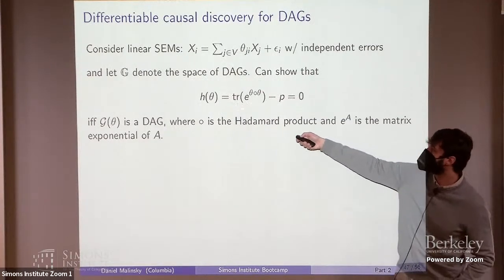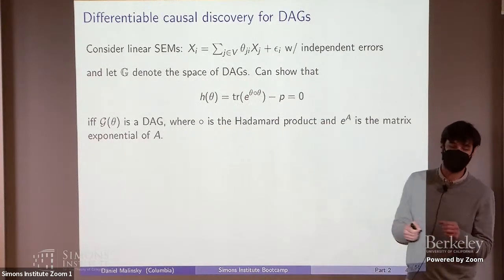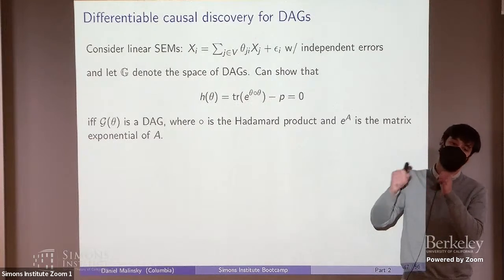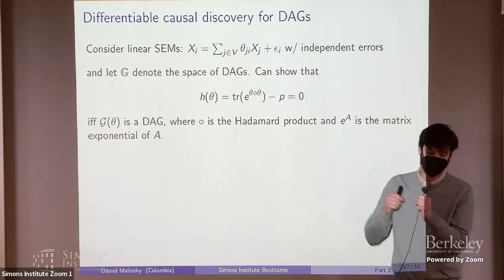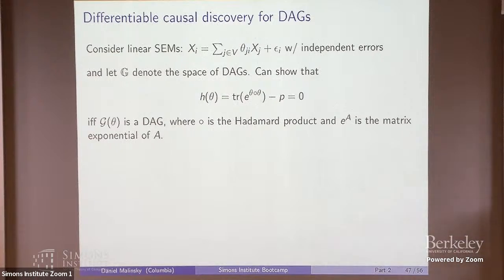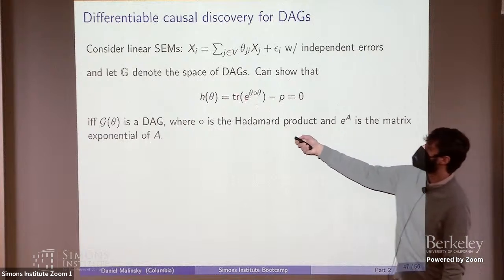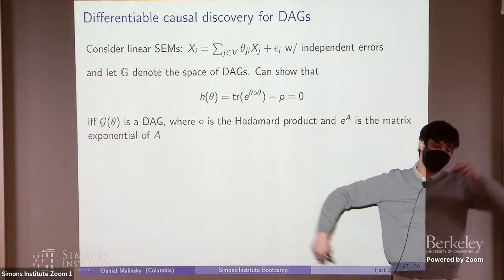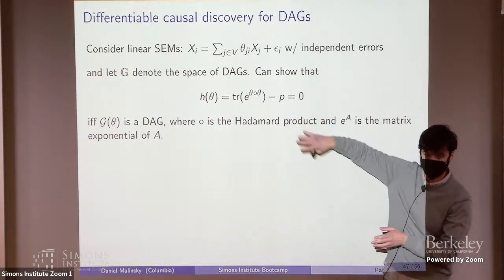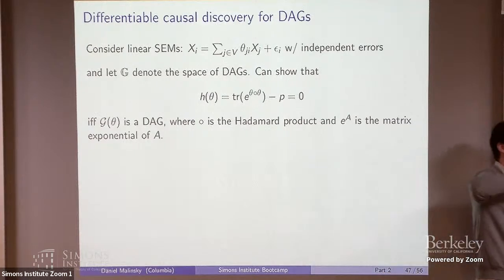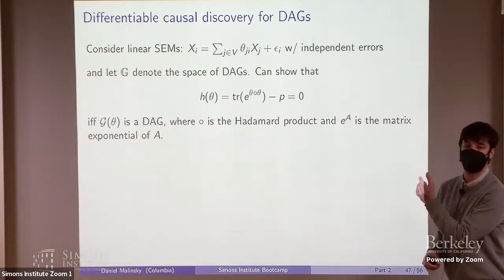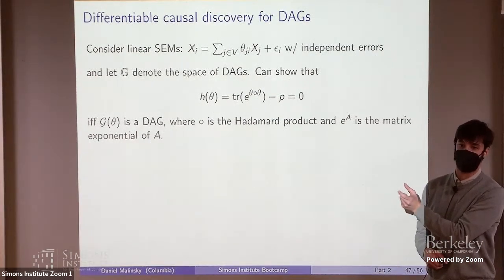This looks like the trace of the matrix exponential of theta times theta, where the dot is the Hadamard product, the element-wise product of the two matrices. So that's a function which takes the theta matrix, multiplies it by another theta matrix, takes the exponential and takes the trace, and then subtracts off the number of variables p. And that quantity will vanish if there are no cycles in the graph.